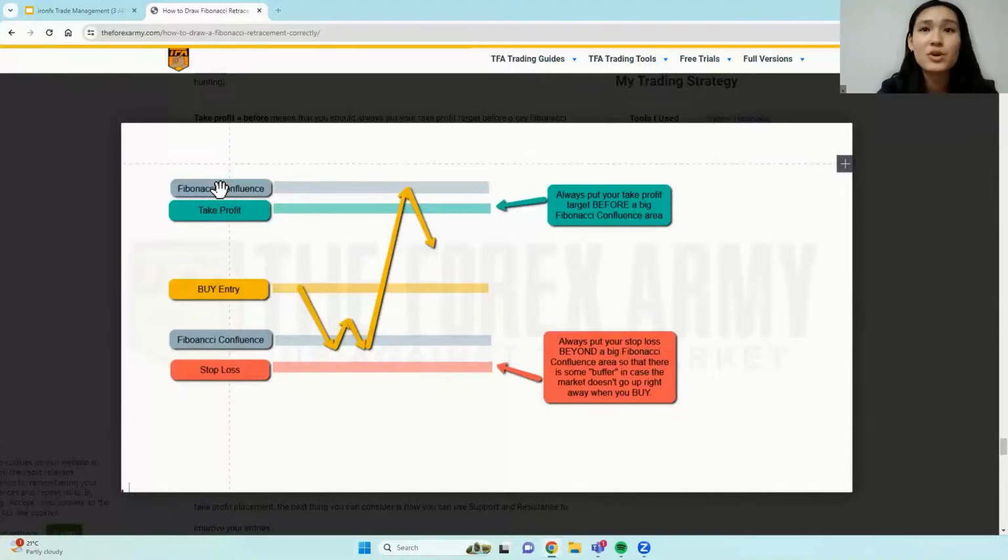You would place your take profit before a big confluence area, and then your stop loss will be placed beyond it. So in this example that we're looking at, we're going in for a buy entry. This is how we typically would recommend you to place it. Your take profit would be right before your major resistance area. Your stop loss would be under it.